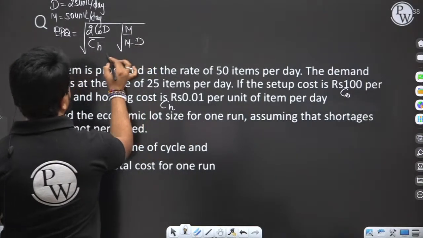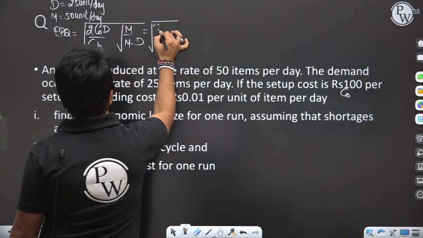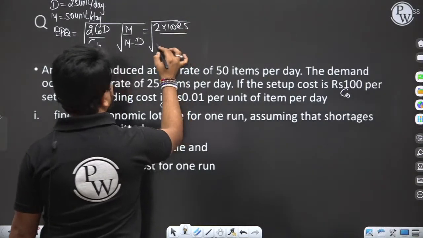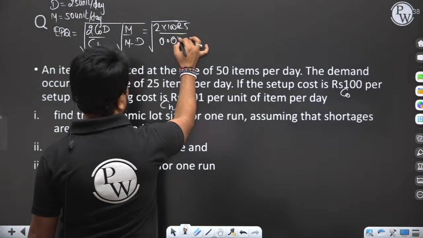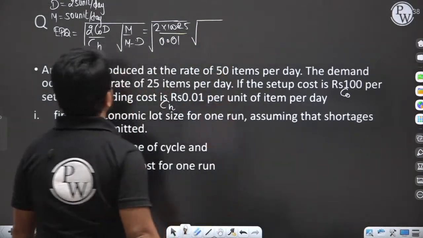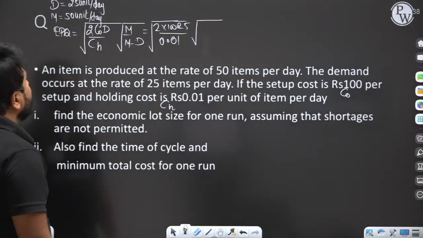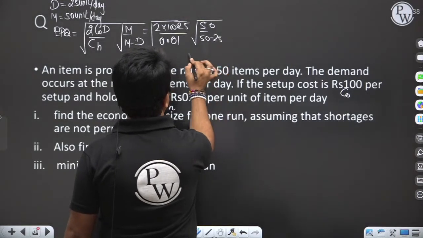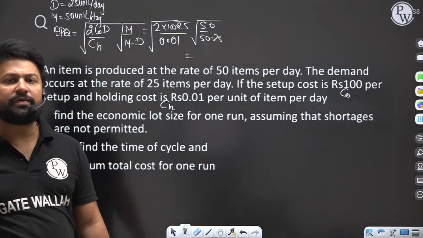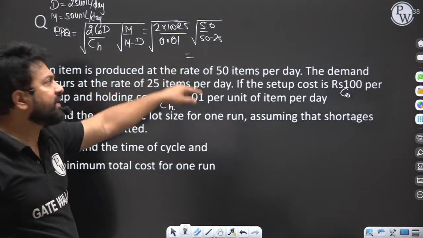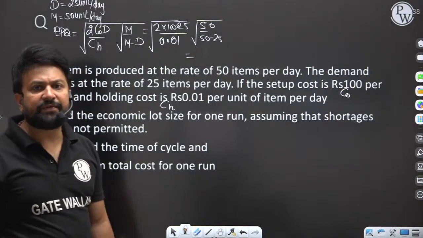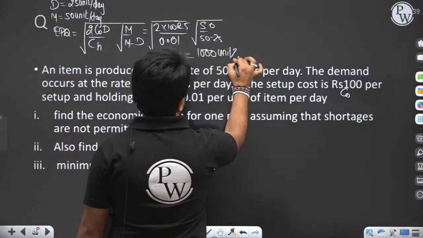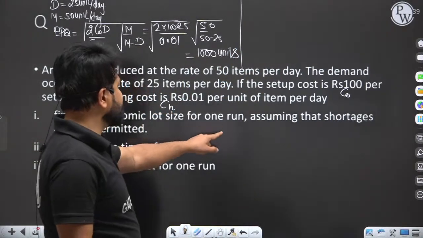So here, 2 into 100 into demand 25 divided by CH 0.01, into M, that is 50, divided by 50 minus 25. It will become nearby 1000 units, right?